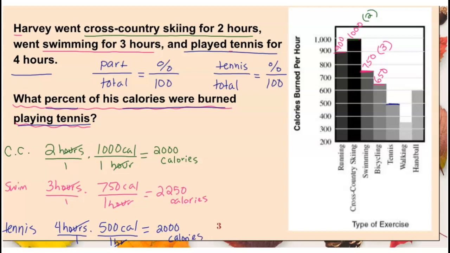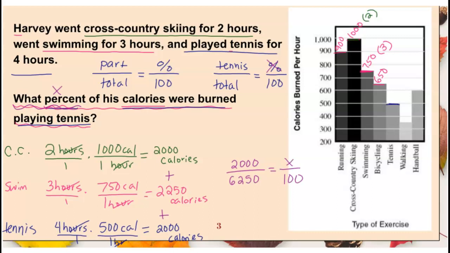Now we're ready to answer our text-dependent question, what percent of his calories were burned playing tennis? So we need his tennis calories, which are about 2,000, over his total calories. Let's add them all up, and that would be 6,250. That's equal to the percent, that's your x, out of 100.